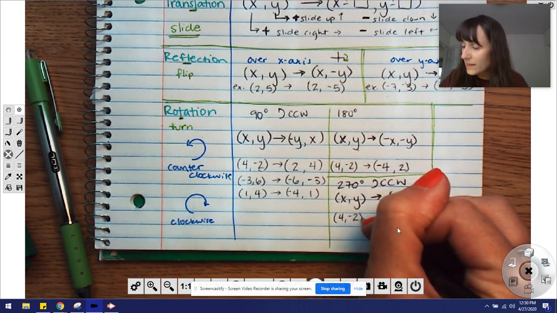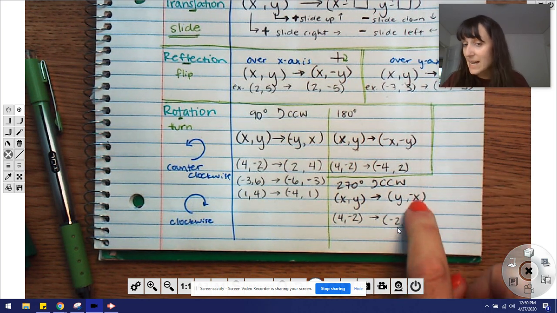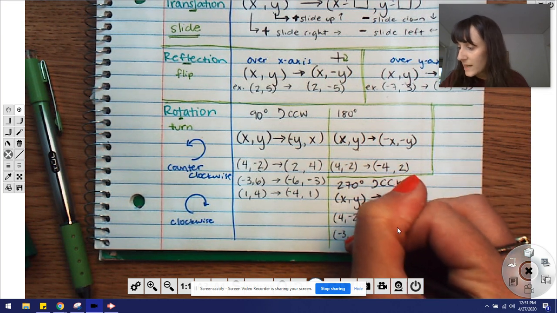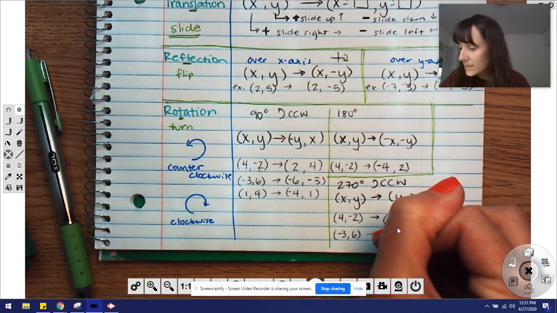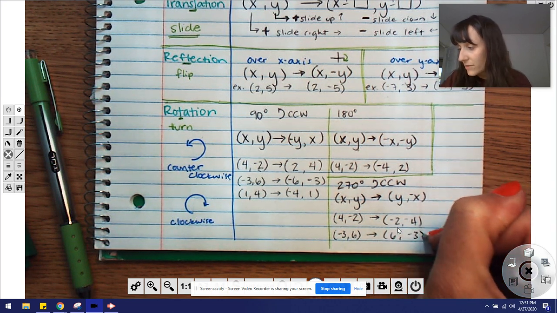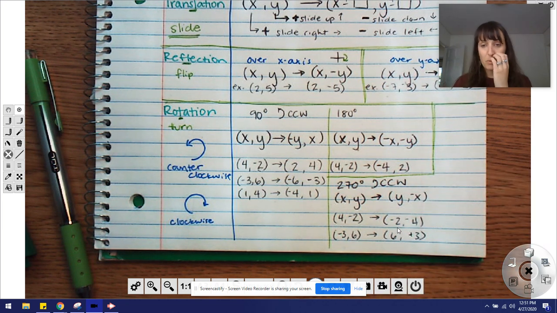So for (-2, 4), I switch spots, and now the second number becomes opposite. Or if it was (-3, 6), they switch spots to become (6, -3), but that second number now becomes opposite, or +3.